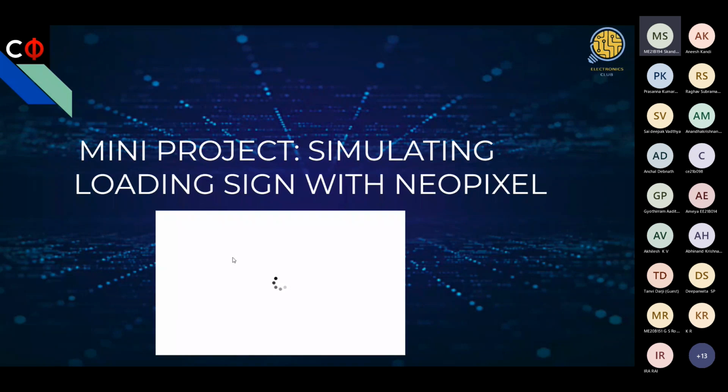Let's move on to Tinkercad and tinker the loading sign with NeoPixel.